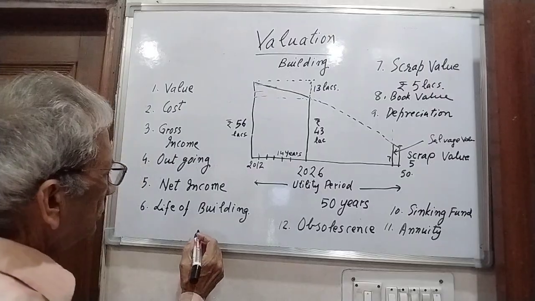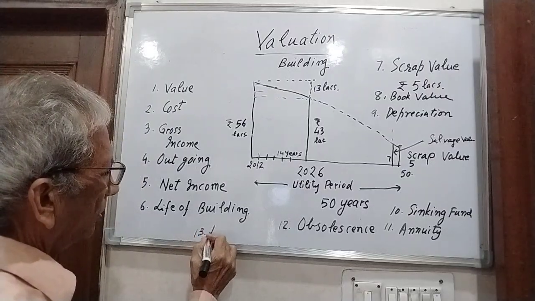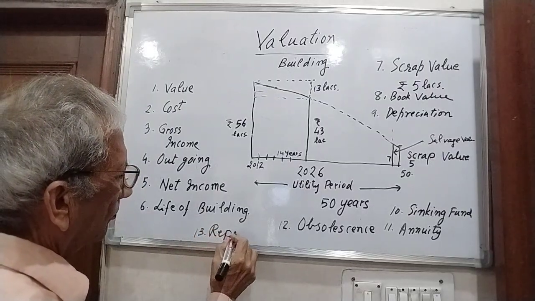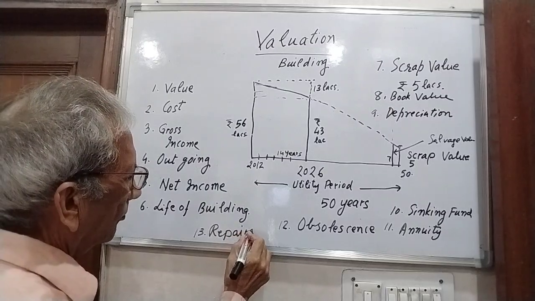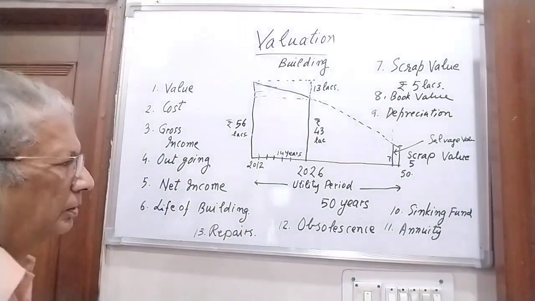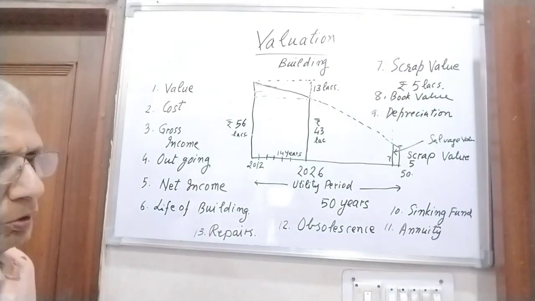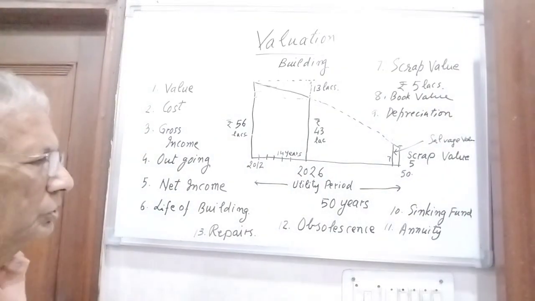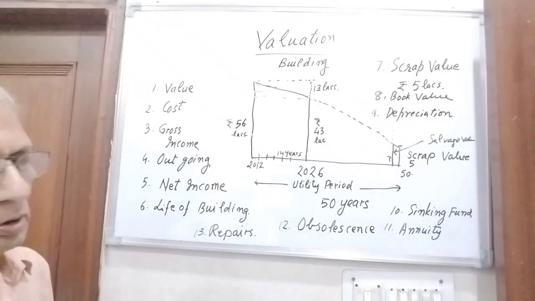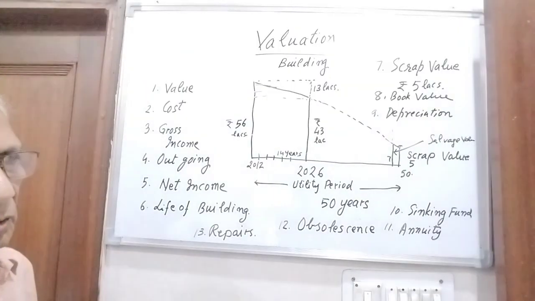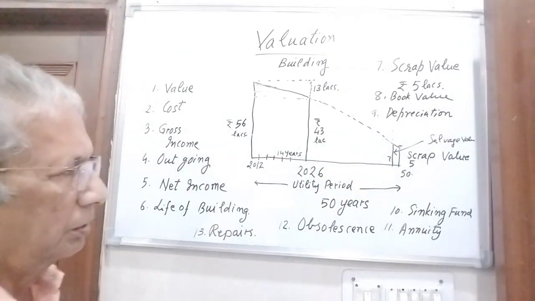Now last term is repairs. Every year, at the end of the year, we will go for repairs. Whatever the repairs, we will go for whitewashing, for coloring of the building, to maintain the building.